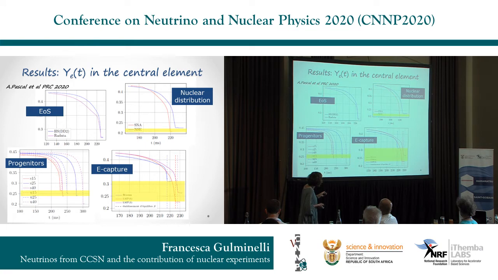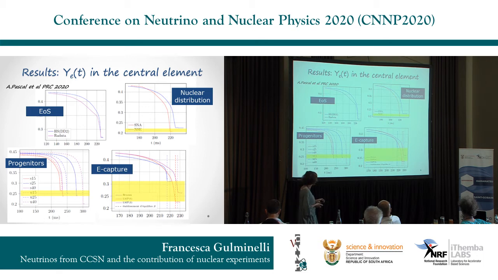This fact of accounting for the full nuclear equilibrium, the fact that the electrons are captured on many different nuclear species, this is this NSE. This makes an effect with respect to previous modeling that were neglecting this aspect. So this makes a little difference here, which is comparable to the effect that is given from the mass and the model for the progenitors.